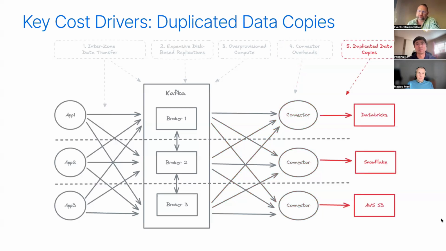For the next part, you will also have duplicated data copies from the Kafka topic to the Lakehouse. For example, your Kafka topic has a data retention of maybe 7 days, and the Lakehouse maybe 30 days or something, but they're still duplicated data copies.